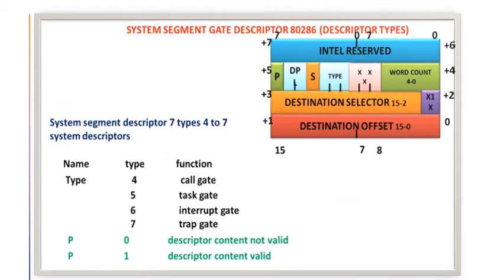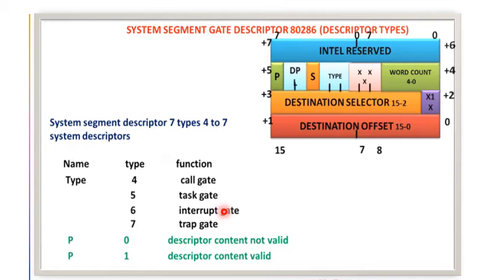Let us now discuss the gate descriptors. The gate descriptors are used to control access to entry points within the target code segment. There are 4 types of gate descriptors: call gate, task gate, interrupt gate and trap gate.